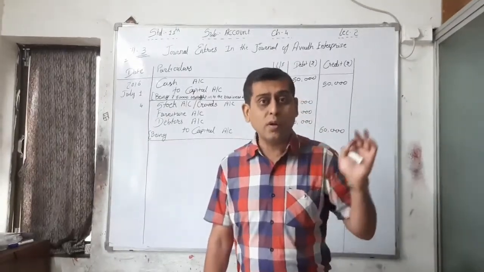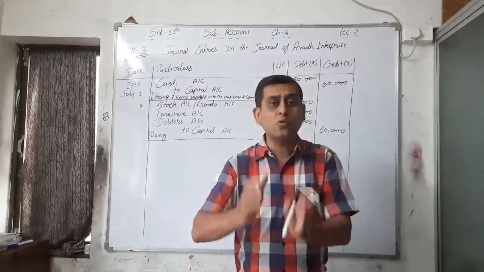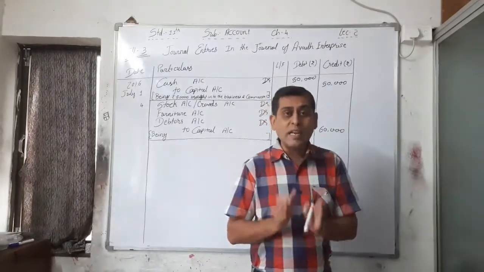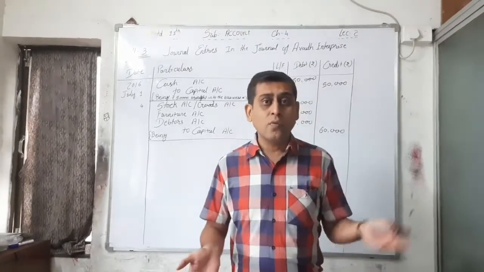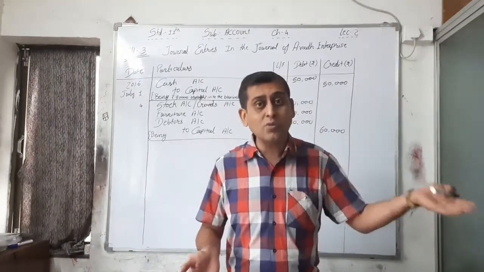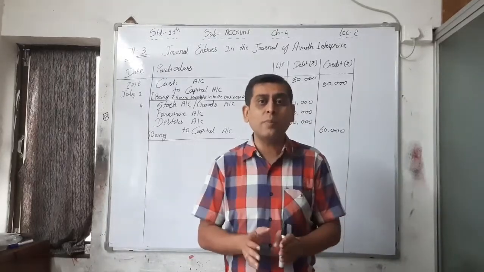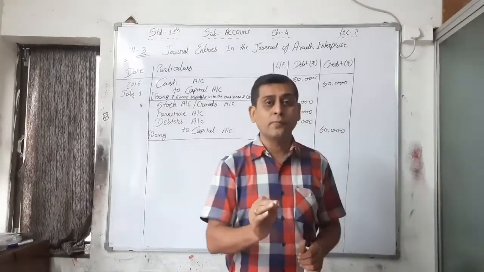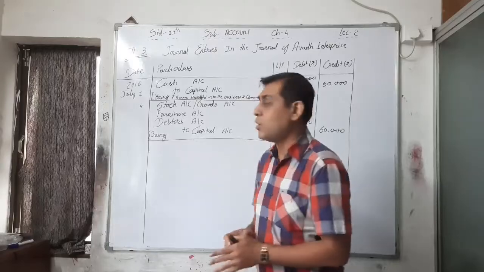Whatever the owner does in their personal life doesn't matter to their books of accounts or that business, right? So here the 20,000 bike is sold for 15,000, so it doesn't matter. From that 15,000 the owner, that is Ajay, brings rupees 10,000 into the business. That 10,000 we have to write as capital. Cash comes into the business, that's why cash account is debited.